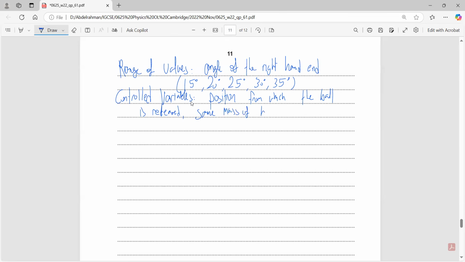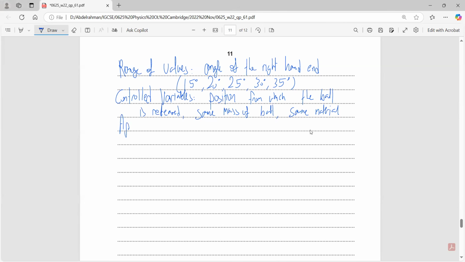If you want to go on saying same material of this curve or whatever, okay, so I have several things. These are some of the controlled variables.